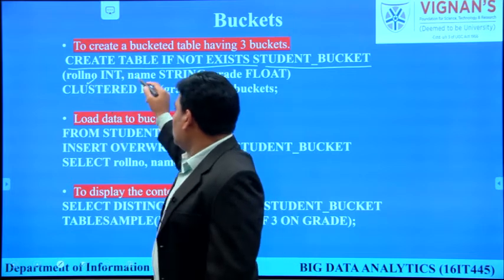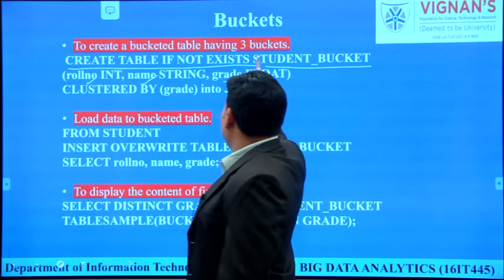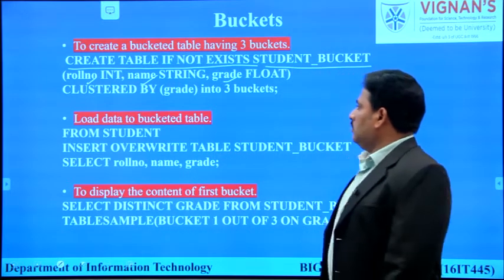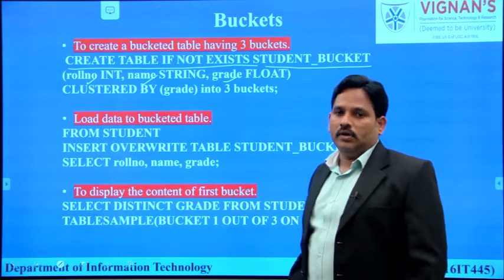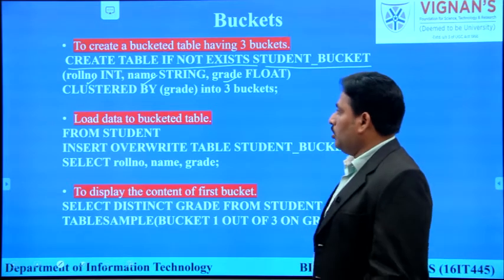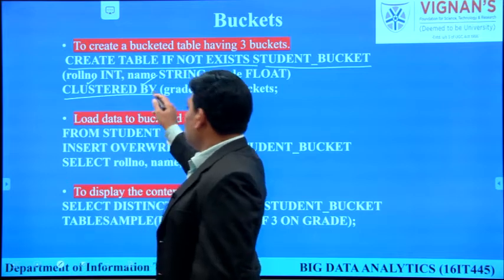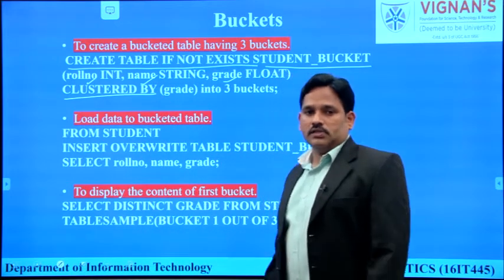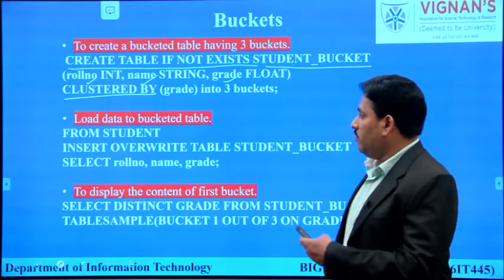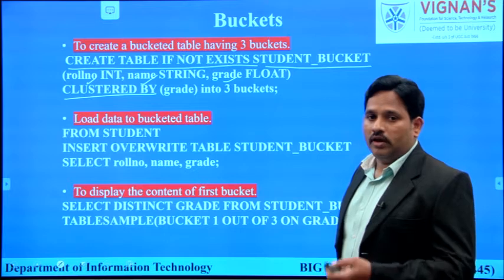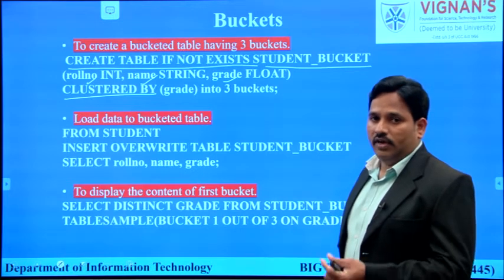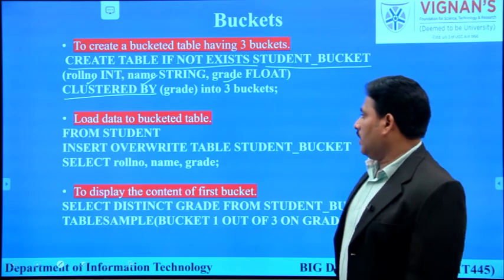Roll number, name of the student and grade. Roll number, name, grade. And we want to create a group, which we call clustered by, using a keyword called clustered by. This keyword will create a smaller data packet or smaller set of data. We can call it a bucket.